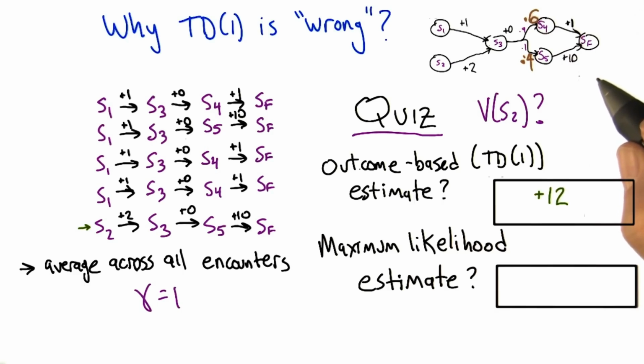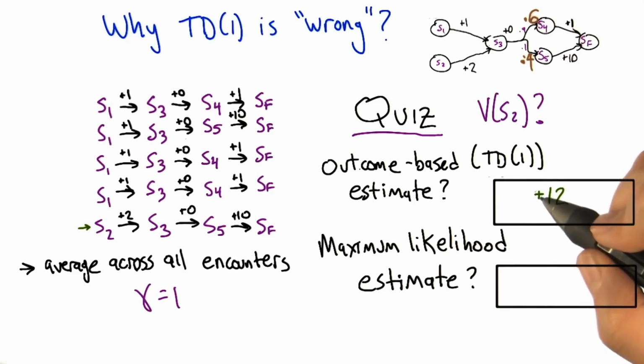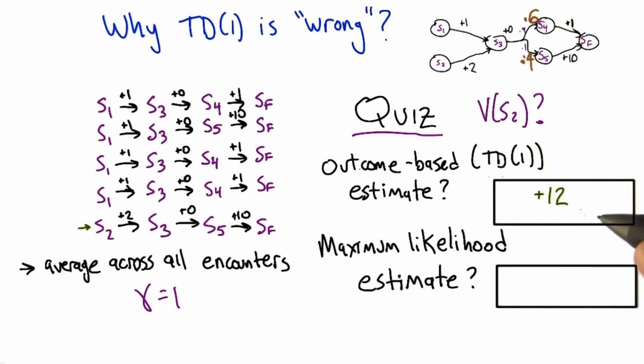Okay, good. So with that, I can just propagate values backwards through the MDP, just like we did on the final exam for 7641. So let's see. The value of SF is 0. The value of S4 is 1 plus 0.